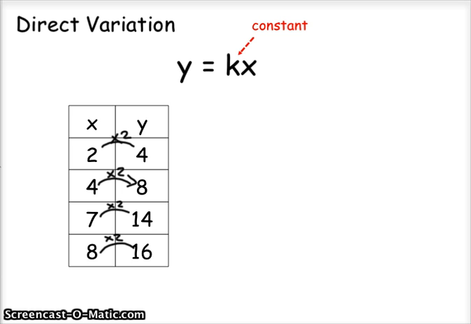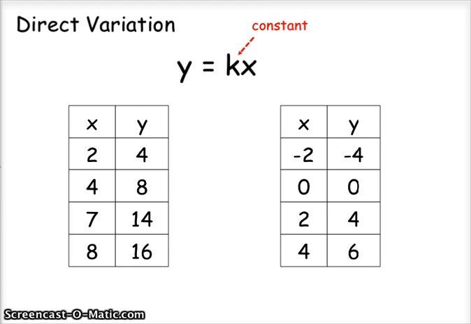So in this case, every x gets multiplied by 2 to get to y. So my direct variation is going to be y equals 2x, where 2 is my constant term. For every x or input I want to put in, I'll multiply by 2 and get my output as my y.